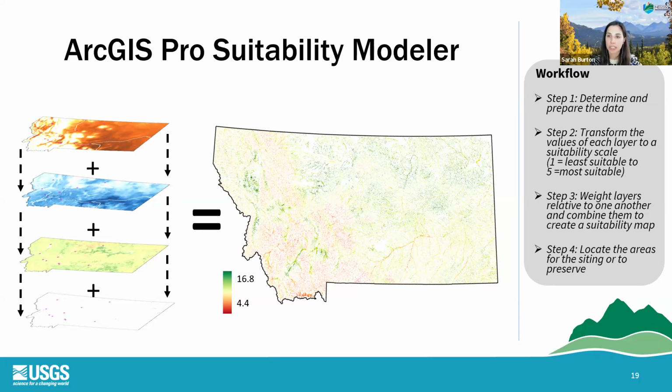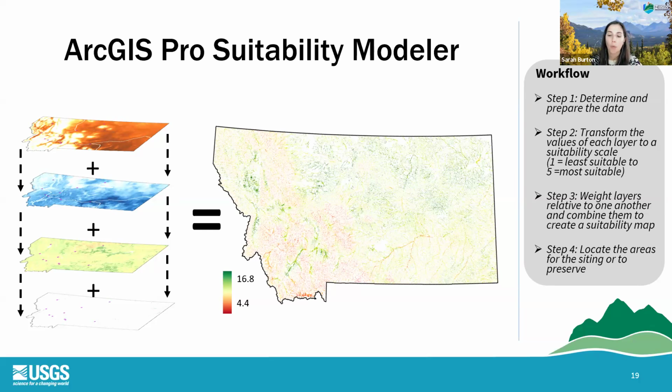And then as you're pulling it into the suitability modeler, you can weight the layers based on those bins that you assigned and combine them. So it's an additive. You can choose how you want it to produce your output, but we just did a simple additive process here to create our suitability model and our suitability map, which you can see here. The other thing that the modeler can do for you, if you would like it to take it a step further, is it can locate areas to preserve for the future.